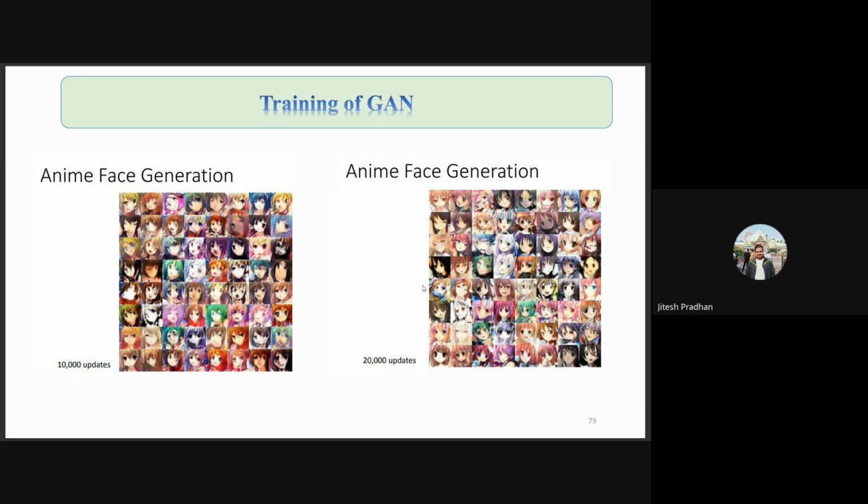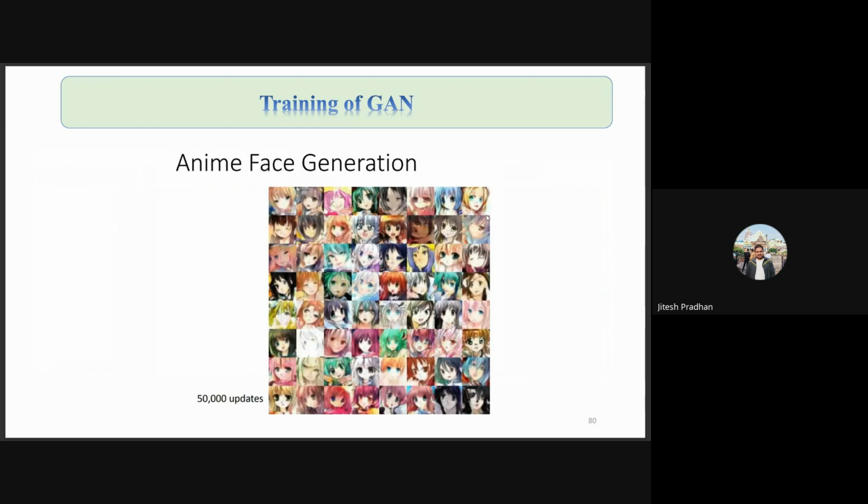After 20,000 updates, the faces are good, but in some cases there is still need for improvement. After 50,000 updates, what it is generating is a little better, but it still needs updates. Look at here, this is a failure case. After 50,000 updates, this is the output we are getting.